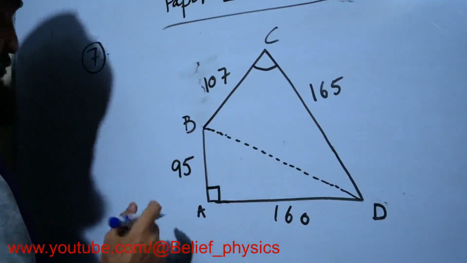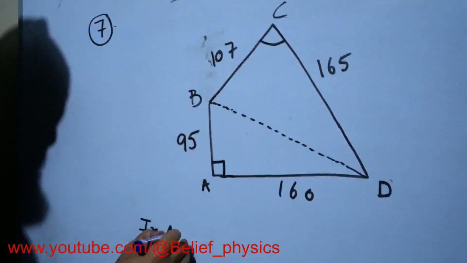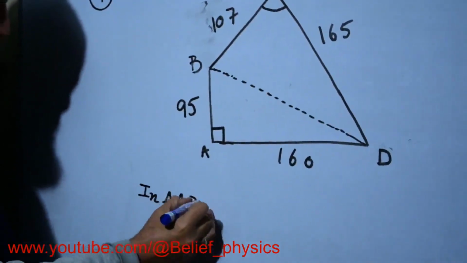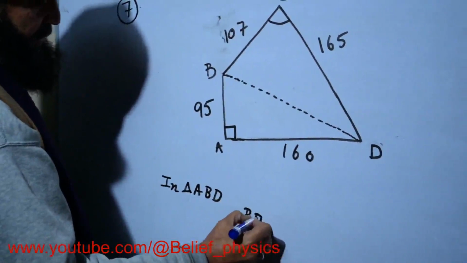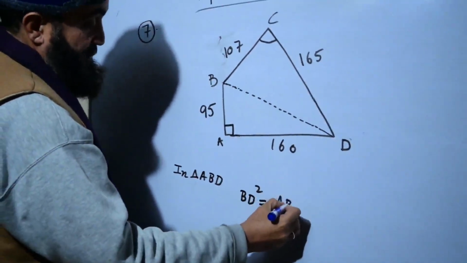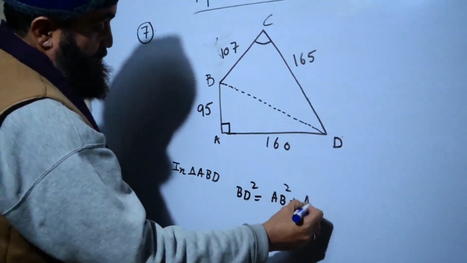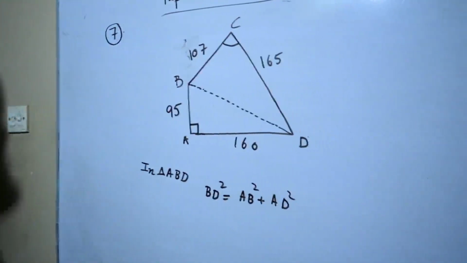Of this triangle. So using the Pythagoras theorem, in triangle ABD, BD square will be equal to AB square plus AD square, as hypotenuse square is equal to perpendicular square plus base square.